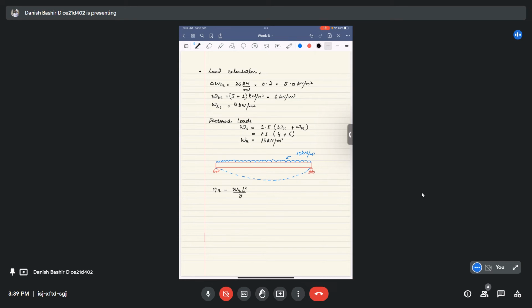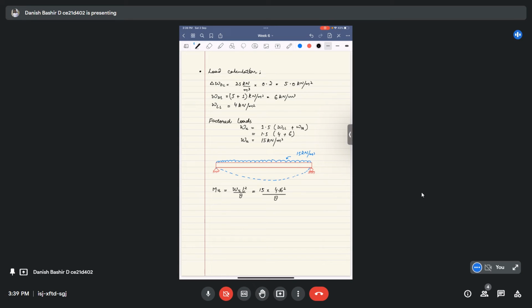Plugging all the values, 15 times L square. Keep in mind, every time you use L, it's the effective span. L effective is 4.16 meter, divided by 8. You have to be consistent with the units as well.